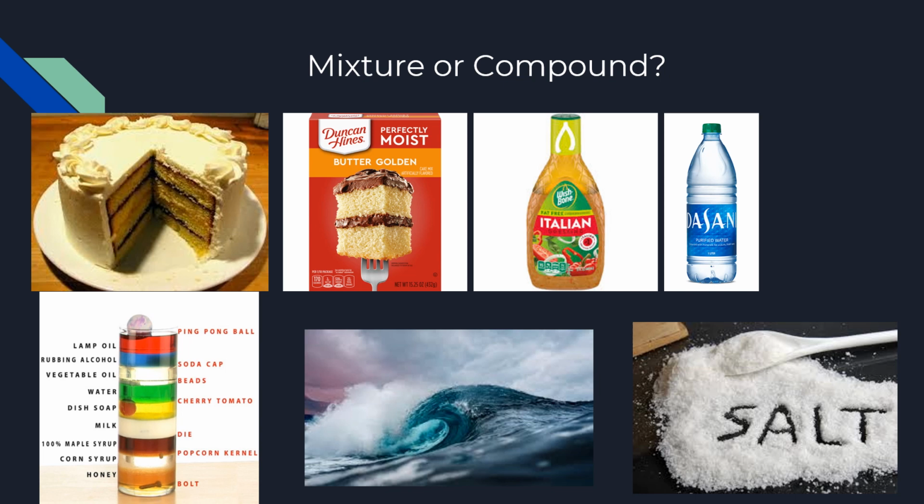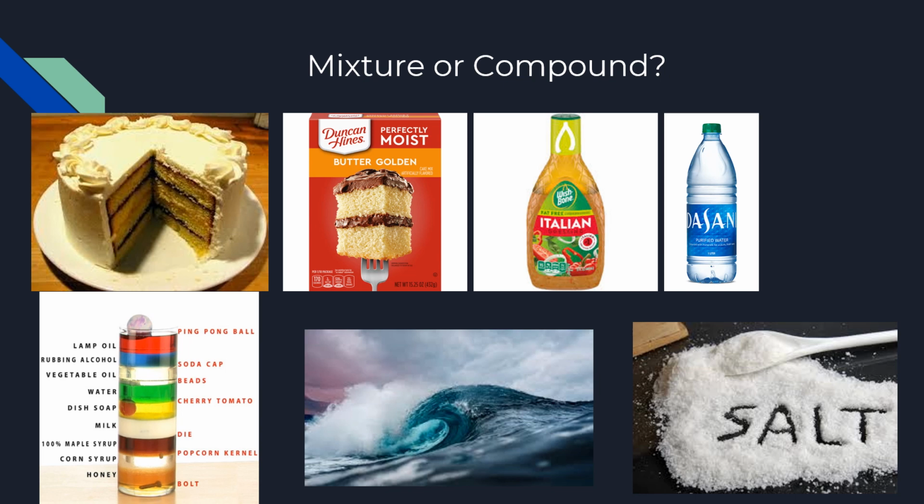And it's going to be a compound because it's become something else. So if it was a mixture, there would be ways to take the parts back and get them back to their original form, right? Because they have those properties.